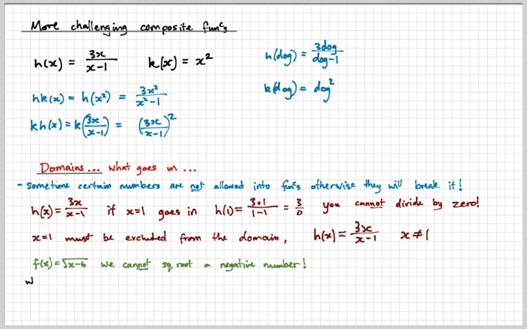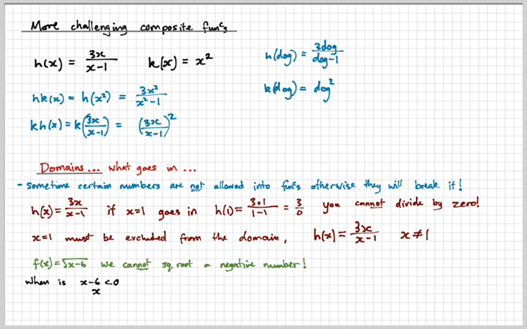Okay, so we ask the question, when is x minus 6 negative? Because we cannot square root a negative number. Well, that will be when x minus 6 is less than 0. We could solve this inequality.